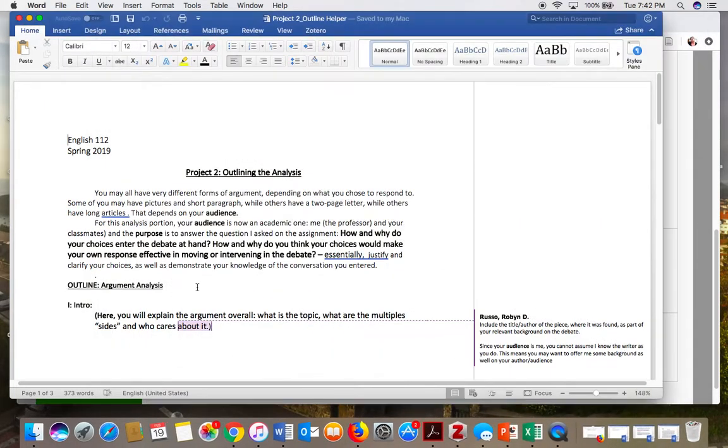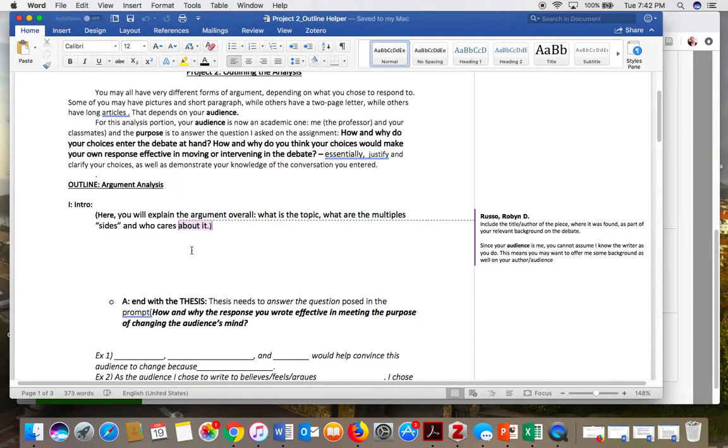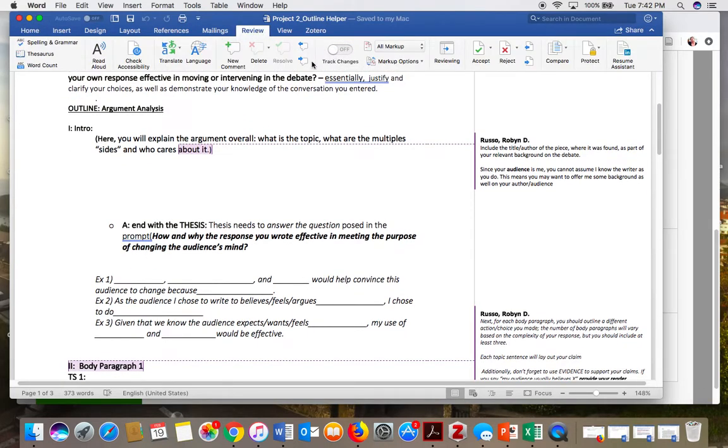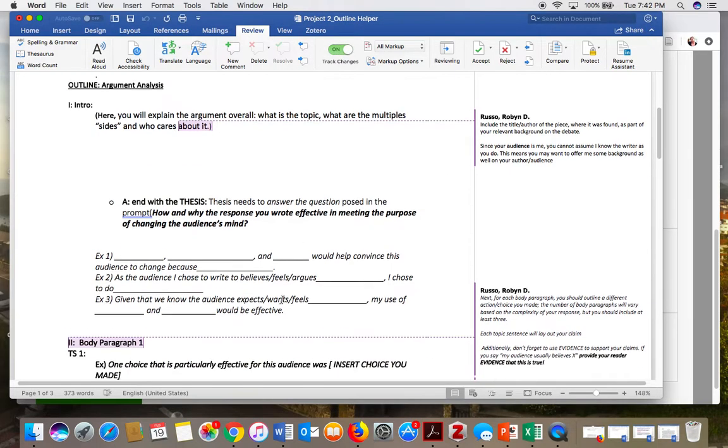So the first thing that I'm going to have is my introduction right here. So you can literally just copy and paste that. The only thing I want to see is that you've written the thesis out more clearly. Let me just put on track changes so that you can see what I'm doing here a little bit more clearly.